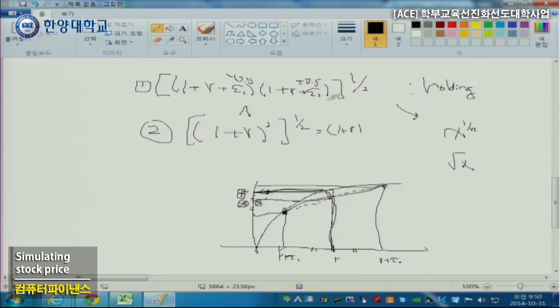But if we have more and more volatility, then the distance between this one and this one is farther away. In this case we are taking the average of this one and this one, and our expected return becomes even lower, right?